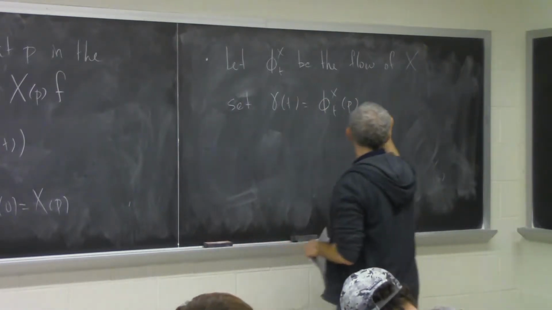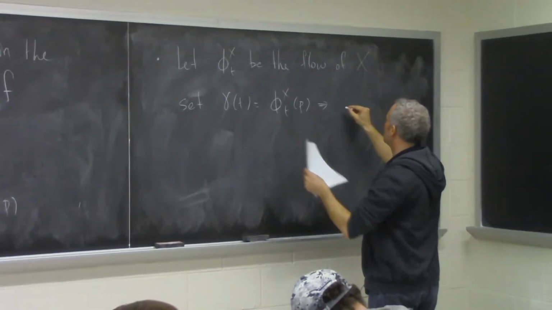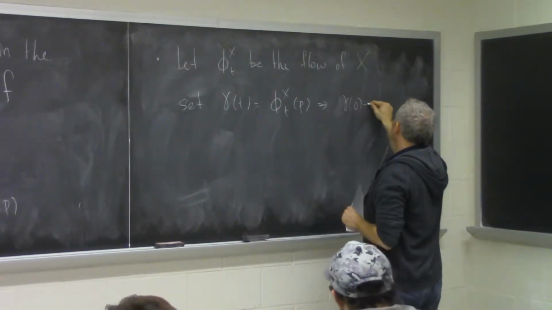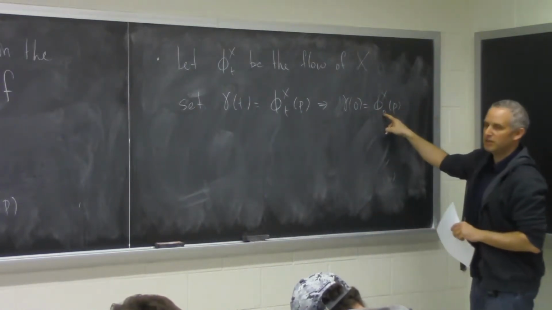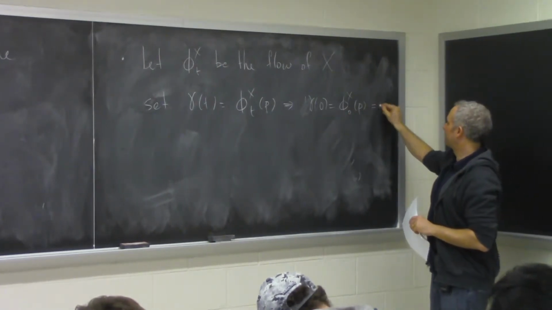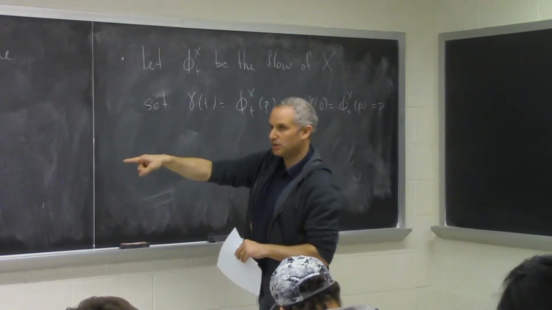So what does that tell us? If we evaluate this at 0, γ(0) is equal to φ^X_0 acting on p. If you plug in t = 0 into the flow, you get the identity map, right? So this is p as desired. We want our curve to go through p at t = 0.